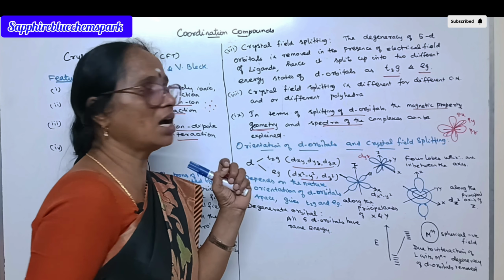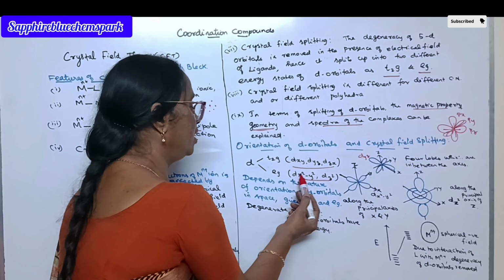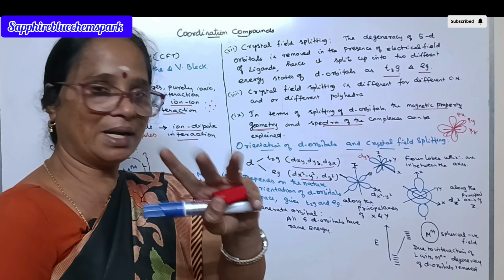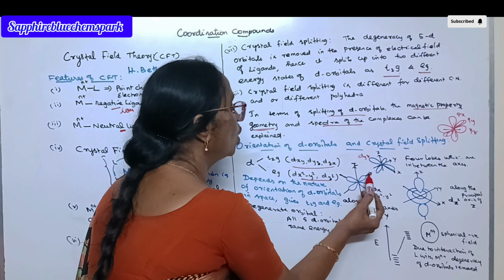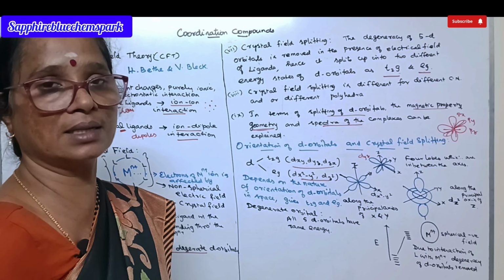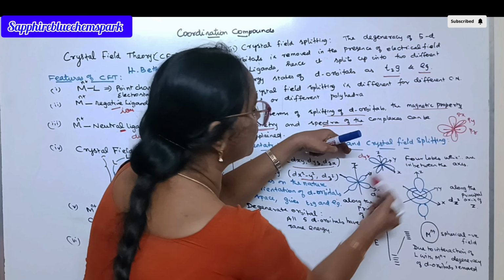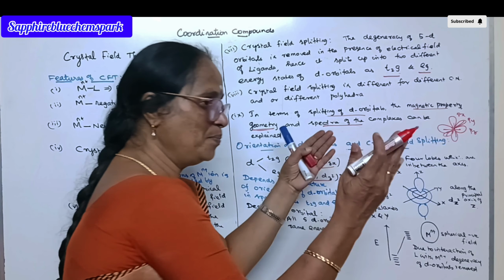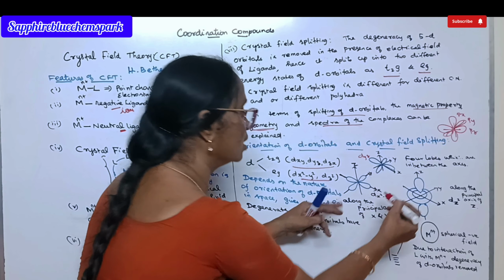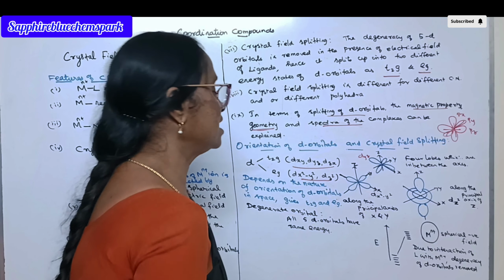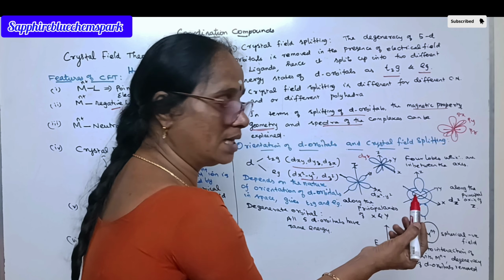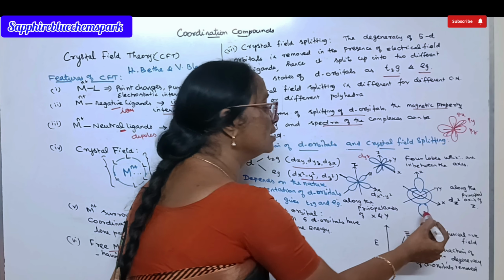What about the Eg orbitals? In dx square minus y square, there are also 4 lobes, but these 4 lobes lie along the principal or coordinate axes. So you can see the difference: here the lobes are in between the axes, but here the lobes are along the axes. In dz square, there are only 2 lobes, with a circular form at the center, along the z axis.